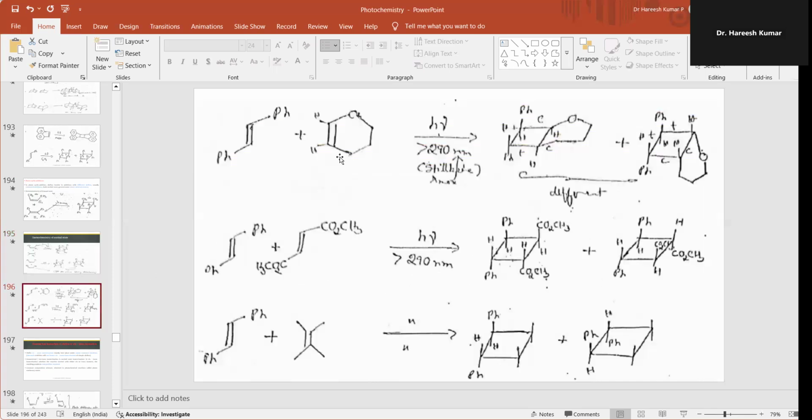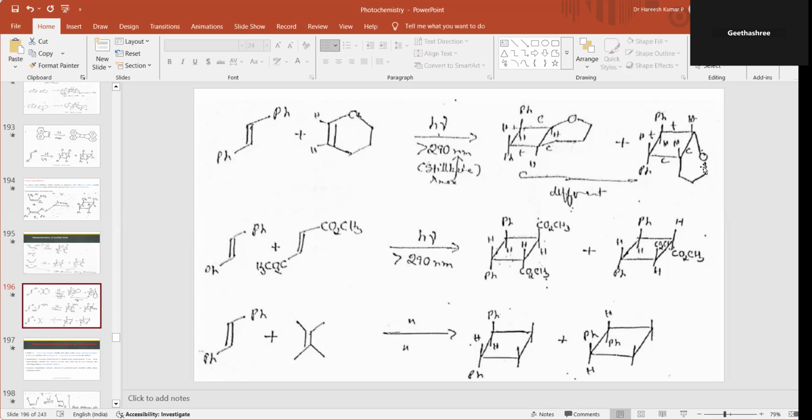With this, I will go to the next slide. Here I am taking trans-stilbene reacting with dihydropyran. This is the dihydropyran. Usually, this dihydropyran is used as a protecting group for hydroxyl groups, and this will undergo 2 pi plus 2 pi cycloaddition, forming two products, one is exo, another one is endo.